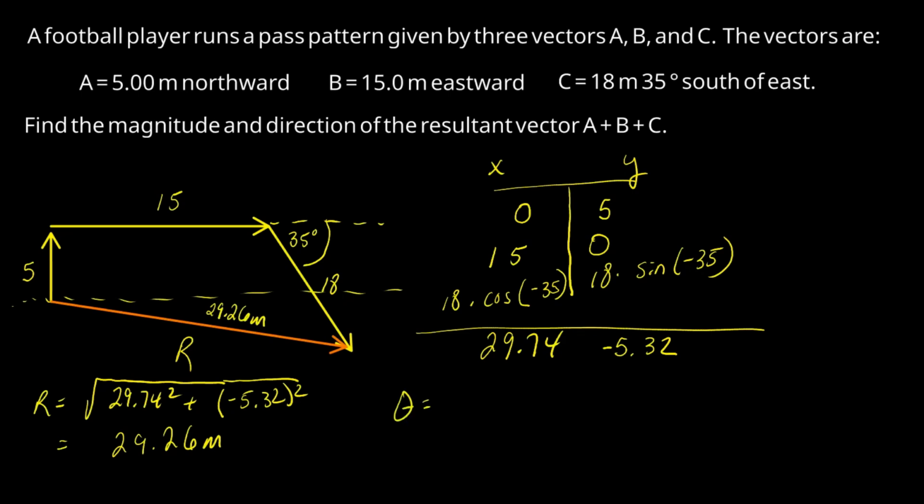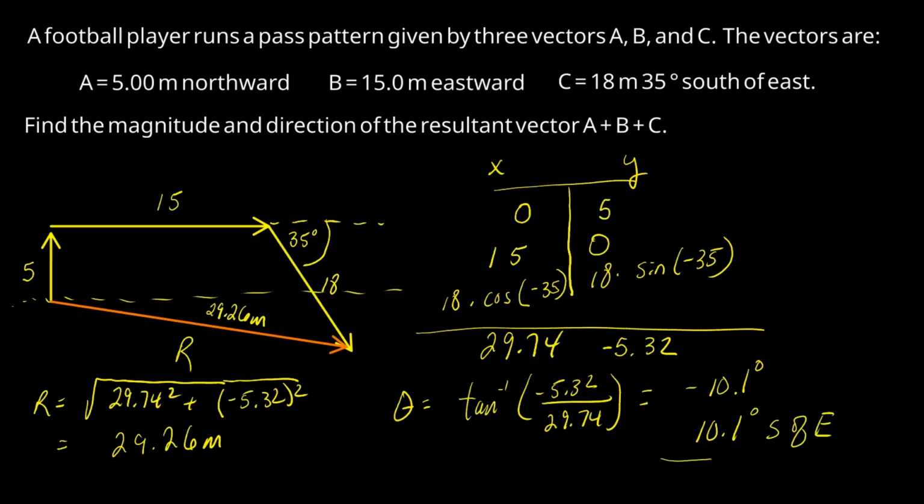And the angle, the arctan of negative 5.32 over 29.74. That gives me negative 10.1 degrees. That tells me it's below the axis, or 10.1 degrees south of east.